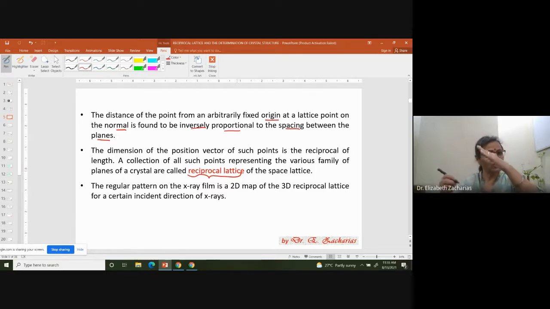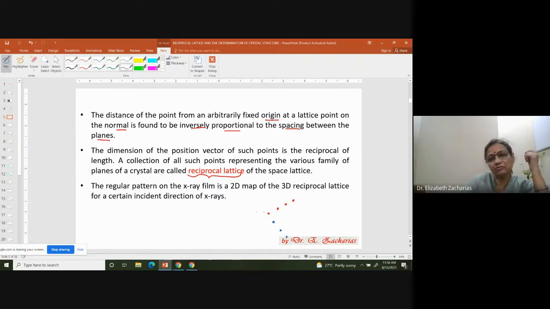I just talked about three families which are parallel. Like this, you can have many orientations. These various orientations will give rise to different series of dots. For example, you may get a series of dots like this, another series on the pattern, another series like this.